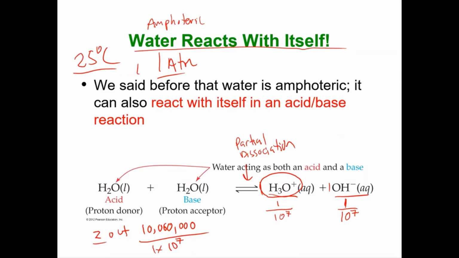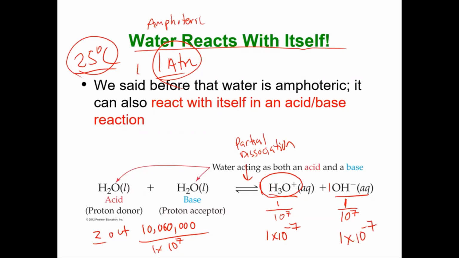Yes. So a way to say 1 out of 10 million is 1 times 10 to the negative 7. So at 25 degrees Celsius and 1 atmosphere, only 2 water molecules out of 10 million will react to give me 1 hydronium ion out of 10 million, which is 1 times 10 to the minus 7. And same for hydroxide. You guys see that?